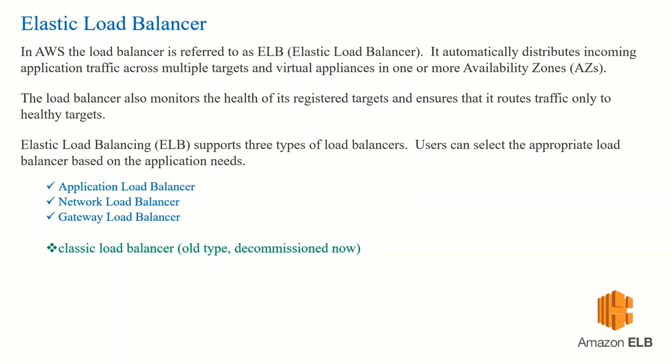What does that mean? If there are 4 or 5 virtual machines grouped together in a particular Elastic Load Balancer, the incoming traffic will keep shuttling between these 3 or 4 virtual machines only. If one of the virtual machines gets disconnected or is down for whatever reason, the traffic will not be routed to that particular virtual machine.